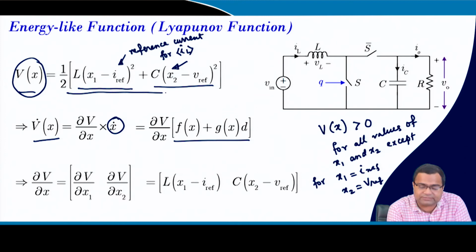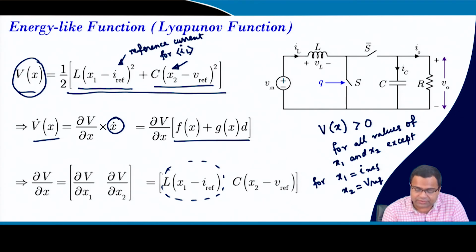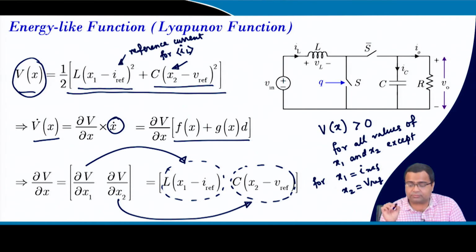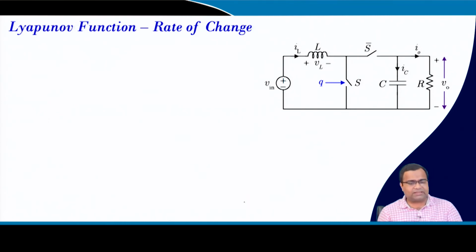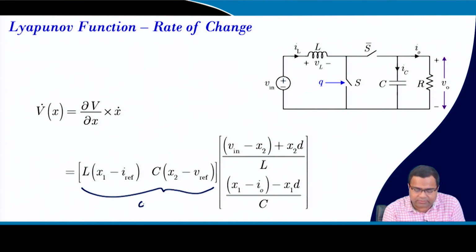If I differentiate this function with respect to x1, it will be simply L times this, and the other one is simply this one. So, we obtain this, and this whole thing is my dou V dou x.